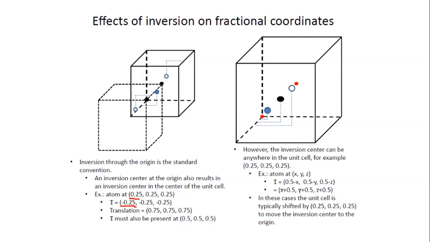So you can have inversion centers at the origin, in the middle of the unit cell, or anywhere along the unit cell. So when you just have x, y, and z, the atom is at the origin. But if you have an inversion center at 0.5 minus x, 0.5 minus y, 0.5 minus z, the inversion center is off the origin.